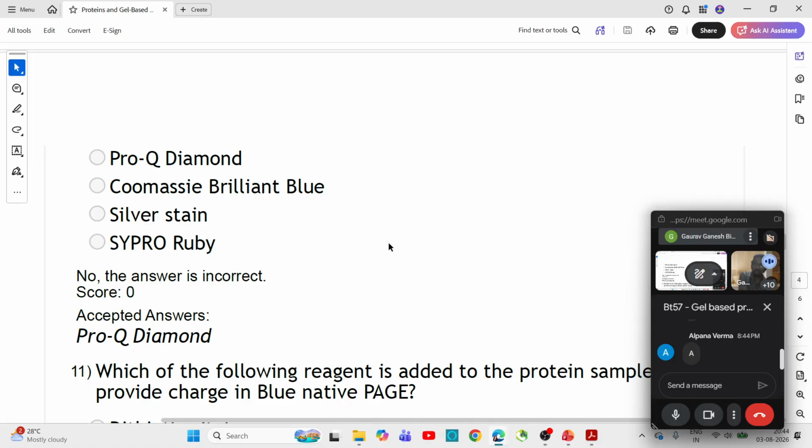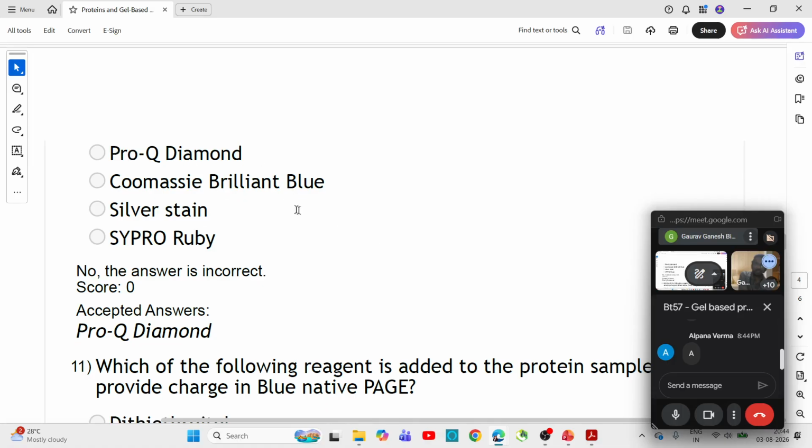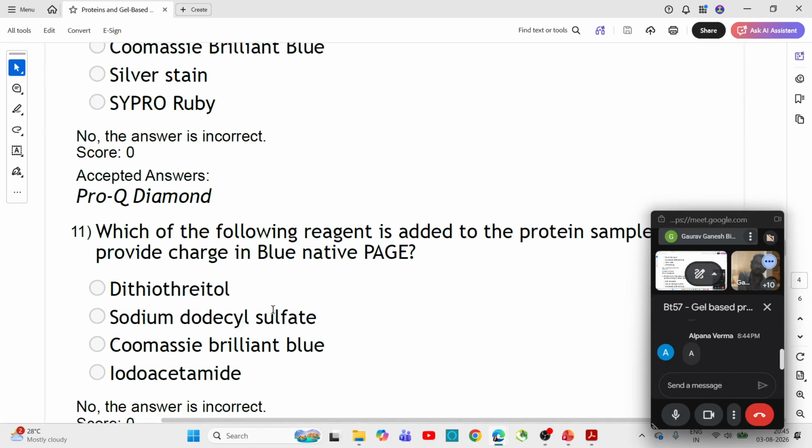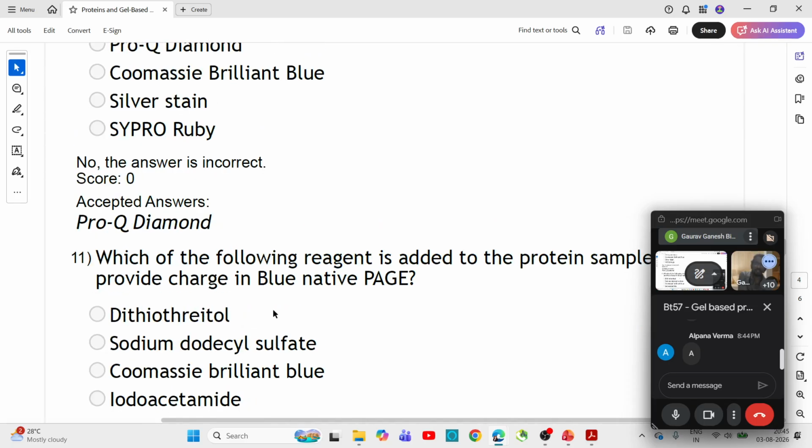So it's ProQ Diamond, which can stain all types of proteins, but if you are dealing with phosphorylated ones, this is the dye which is used for checking phosphorylated proteins.